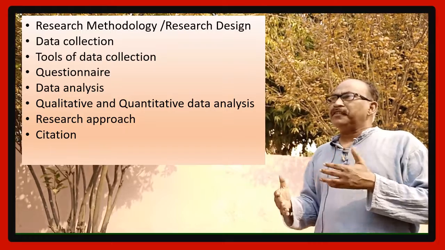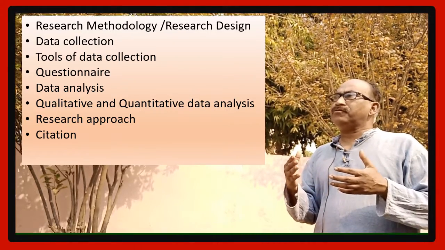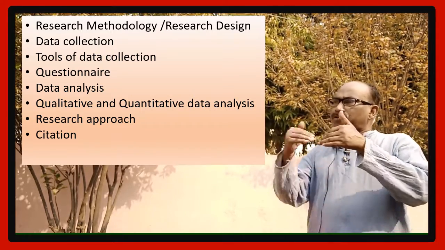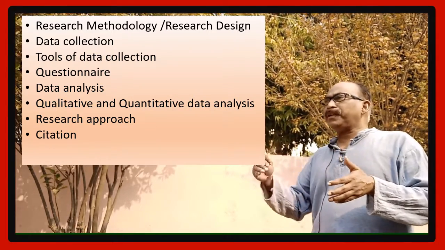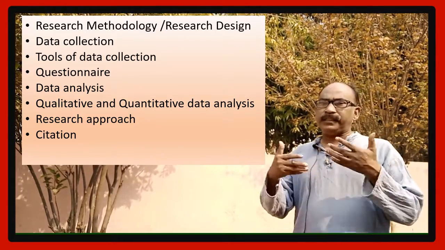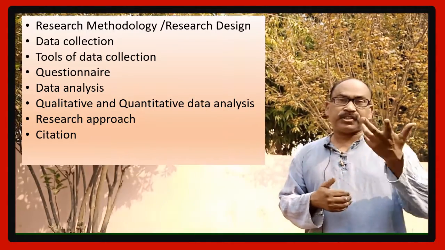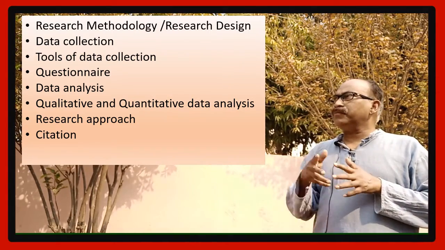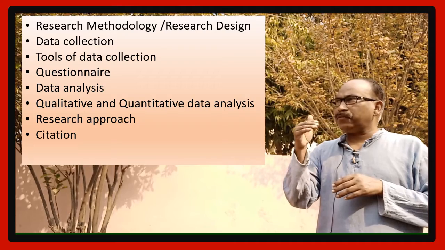A mixed approach is when you largely have qualitative or quantitative data, and in the latter part you mix them to arrive at research findings. You need to mention this, then come to what kind of research.